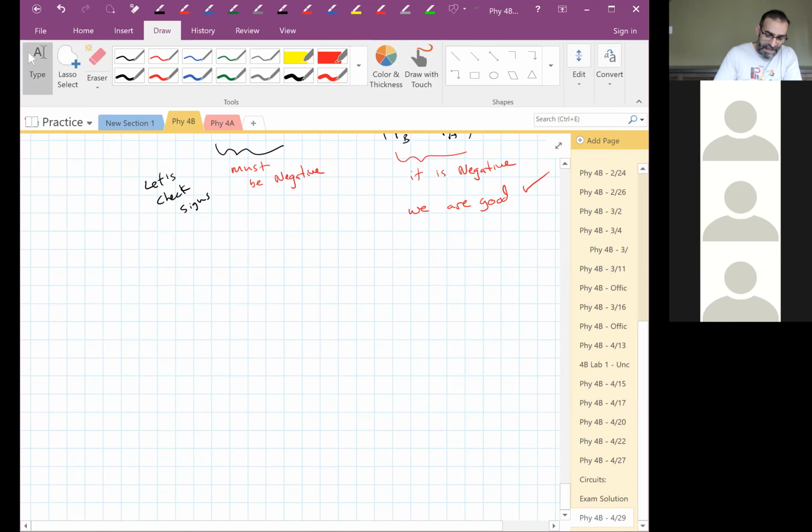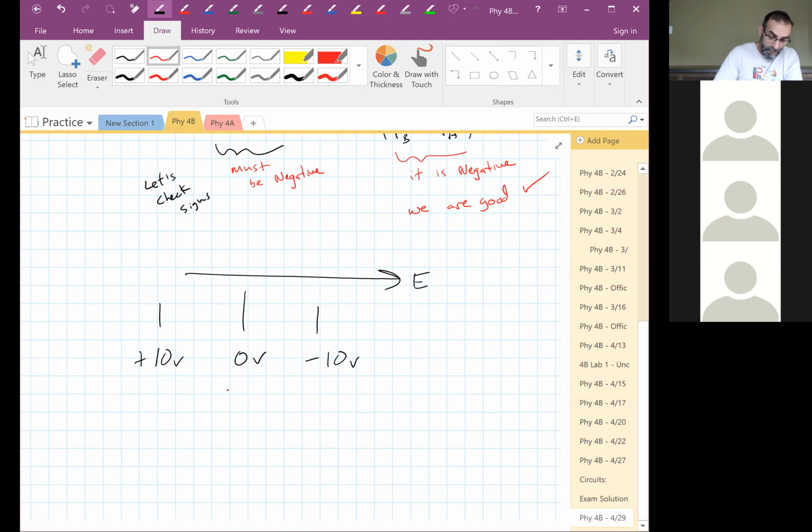So if I have a point in space over here, I could call it 0 volts. And if my electric field points this way, then over here, I must have some positive number, maybe positive 10. And over here, I have to have less, maybe negative 10 volts. I could do that, that's fine.